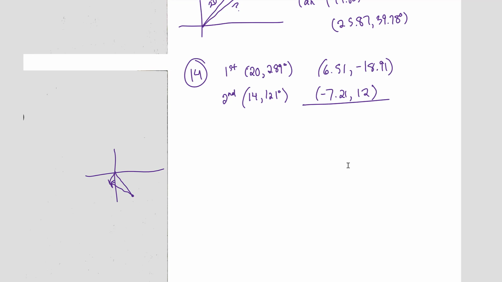So 6.51 plus a negative 7.21, also known as minus, and negative 18.91 plus 12 is negative 6.91. And then Pythagorean Theorem and inverse tangent. Now, inverse tangent's not going to give us the right answer because inverse tangent's not as smart as it should be.